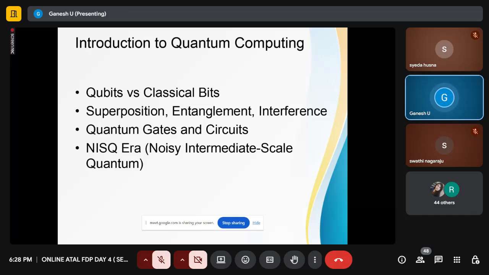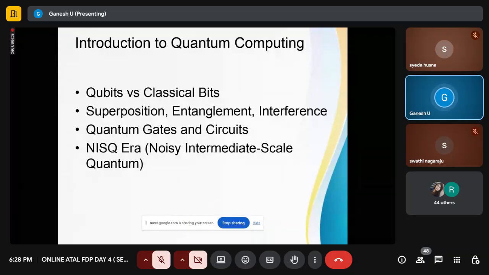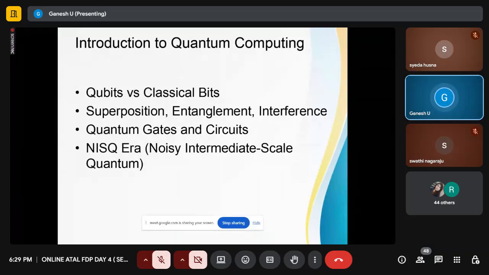In the same way, quantum machines are in the very initial inception stage. Quantum systems today are prone to errors due to decoherence, gate imperfections, and environmental interference. These are the three reasons for the noise. Decoherence is one thing. Next, gate imperfections: the quantum gates we are using have imperfections.